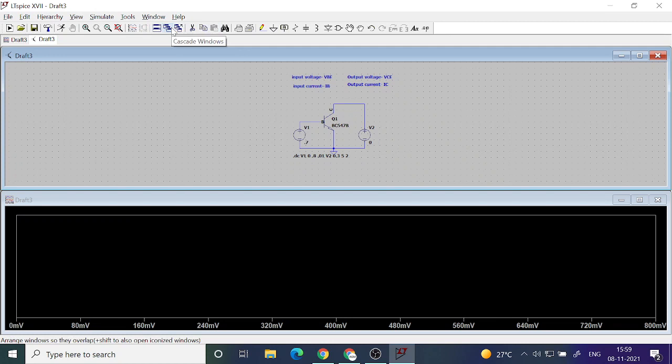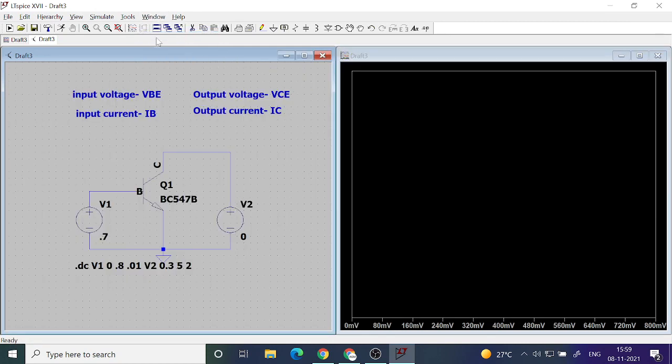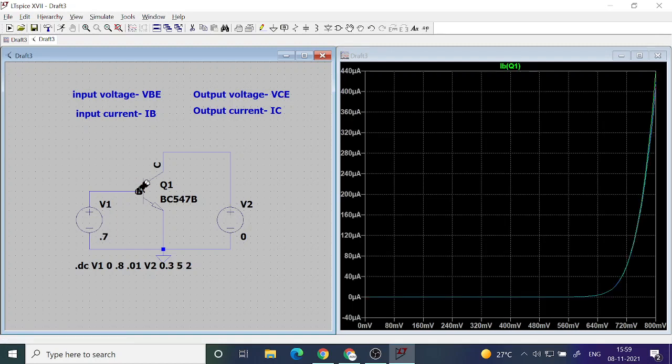What I showed earlier is IC, which went up to 75 milliampere, but now let me show you that if I plot this IB, it is not going to 75 milliampere. Look at the figures. It is 400 microampere, much lesser. That is 0.4 milliampere. So you see 75 divided by 0.4, which is around 180.